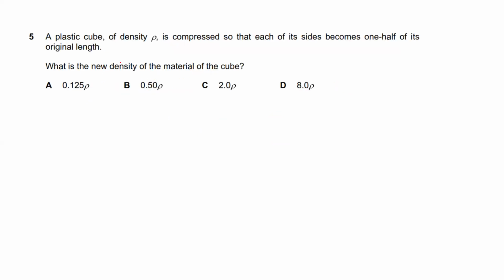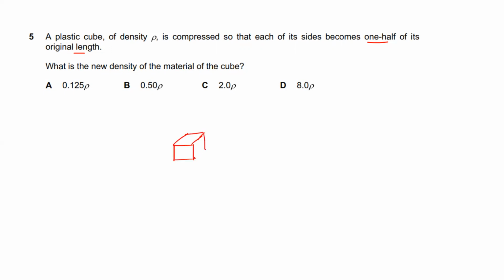Next question. Question 5, it says a plastic cube of density rho is compressed so that each of its sides becomes 1/2 of its original length. What is the new density of the material of the cube? So for example, we have a cube.